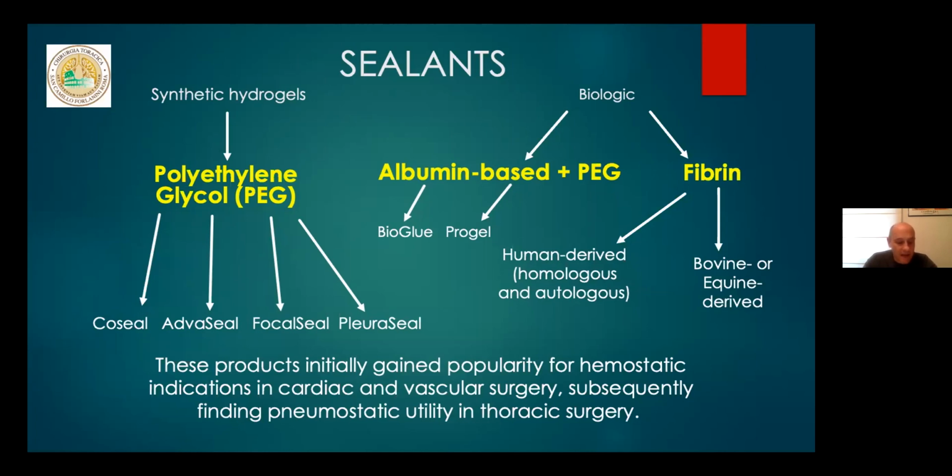Basically, sealants for air leaks are divided into large families: the synthetic ones based on PEG, and the biological ones, albumin based, such as BioGlue and Progel, and fibrin based, which can be of human or bovine or equine origin.